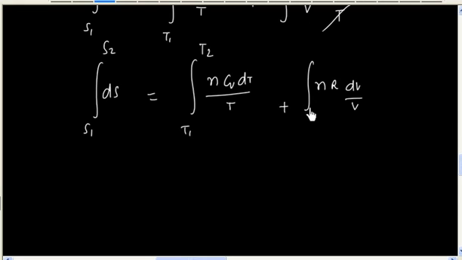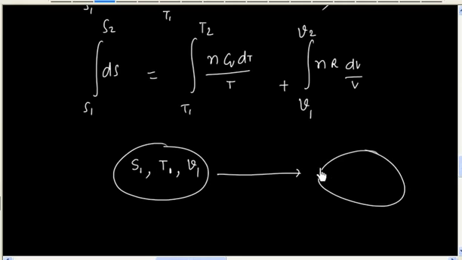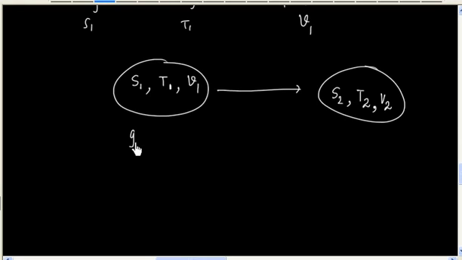Let us say volume changes from V1 to V2. So initially we have S1 as the entropy, T1 as the temperature, and V1 as the volume. And finally we have S2 as the entropy, T2 as the temperature, and V2 as the volume. This is the initial condition and this is the final condition.